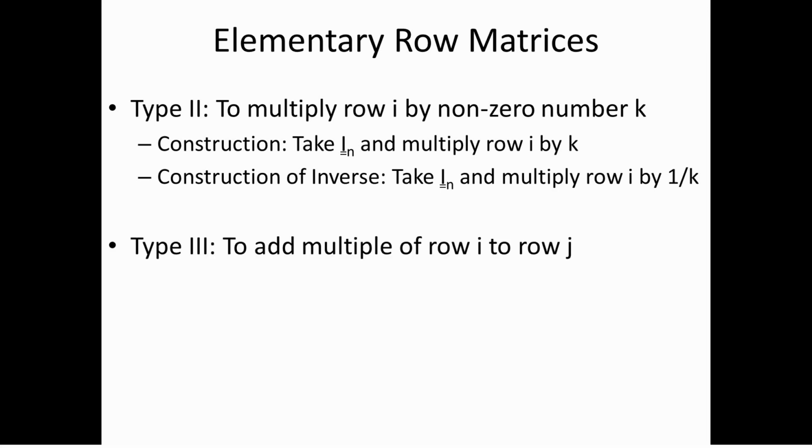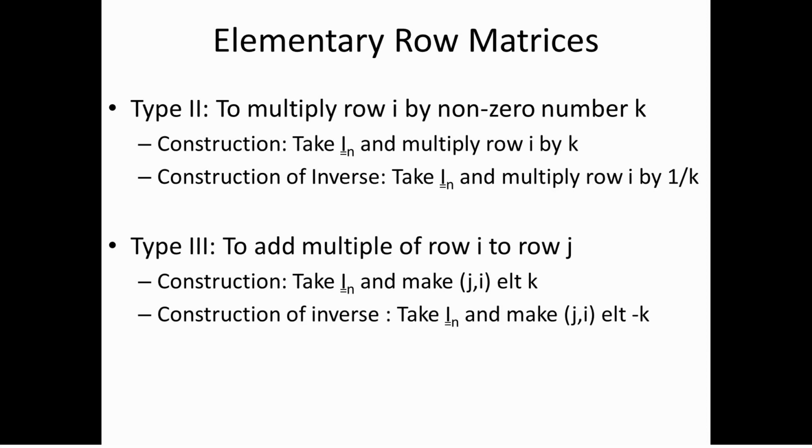For the type 3 elementary row operation, we want to add a multiple of row i to row j. So we want the final result to be in row j, so it makes sense to take the identity matrix. I'm going to make the jth, ith element k and keep everything else the same. And that's going to perform this operation.